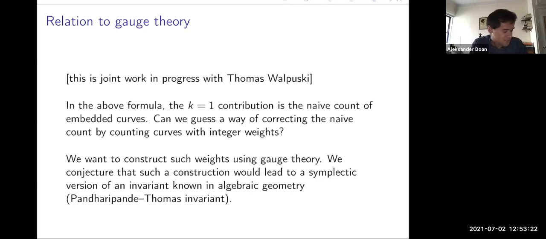So the starting point is the following observation. Have a look at this formula that I just wrote above. I'll scroll up again.